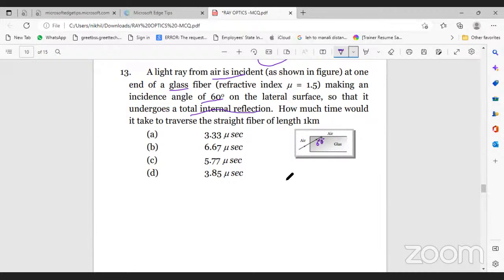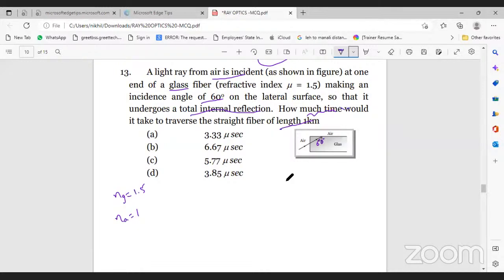What is the refractive index of glass? 1.5. What is the refractive index of air? 1. How much time will it take to travel a distance of how much? 1 kilometer, sir.